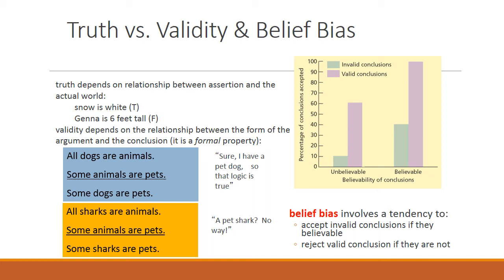But if a valid conclusion is unbelievable, you're not as likely to say that conclusion is true as if it's a believable conclusion. So this is the idea of belief bias. We accept invalid conclusions if they're believable, although it may not always be valid given the premises.